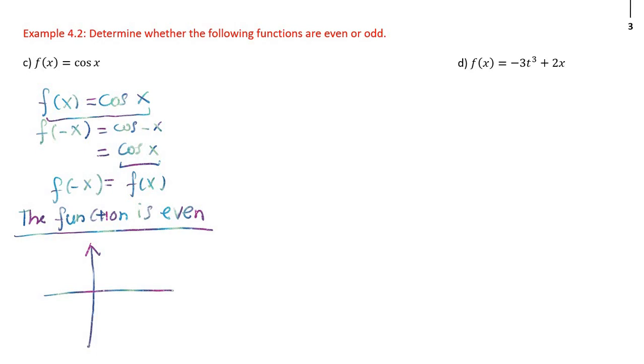this is trigonometric, so we use pi, negative pi and pi. y equals cos x. When x equals 0, y is 1. When x equals pi, y is negative 1.